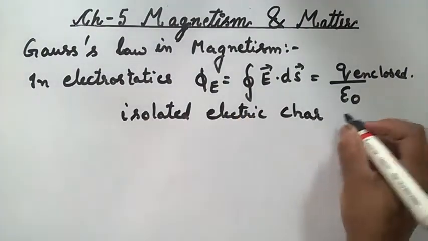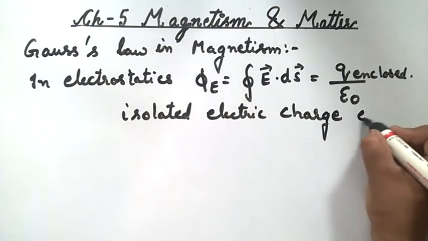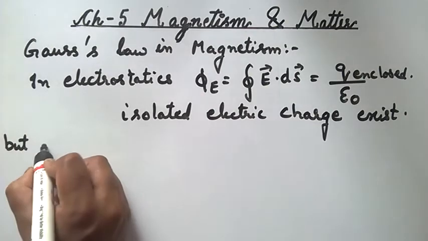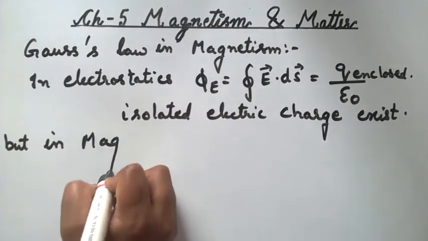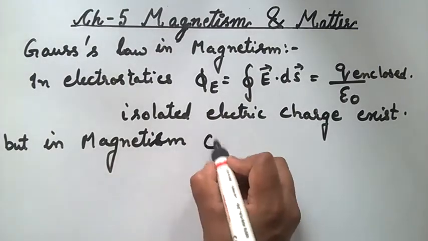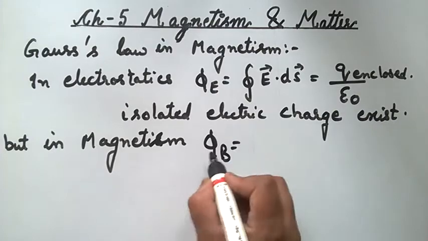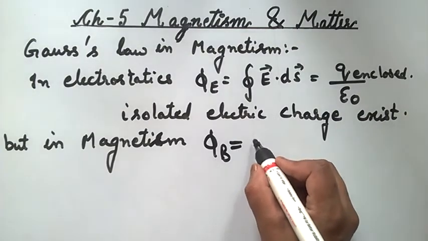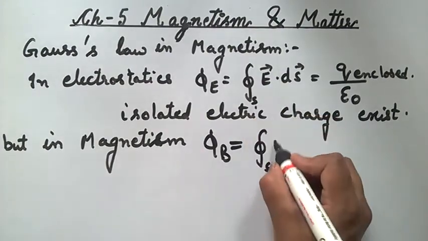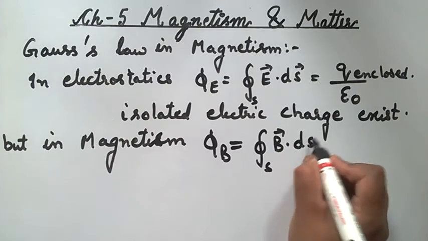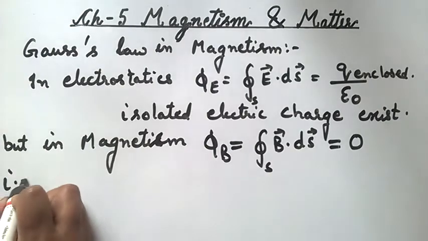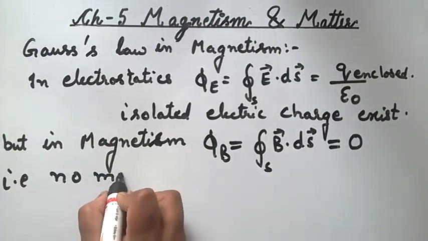Electric charge exists, but in magnetism, the net magnetic flux through a closed surface is given as the closed integral of B vector dot dS vector equal to 0. That is, no monopoles exist.